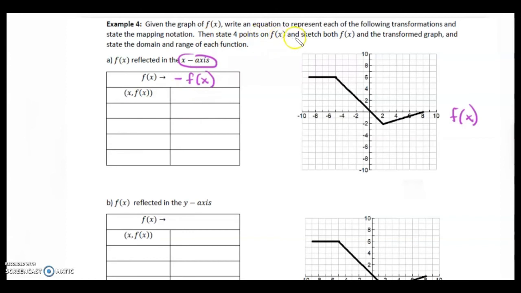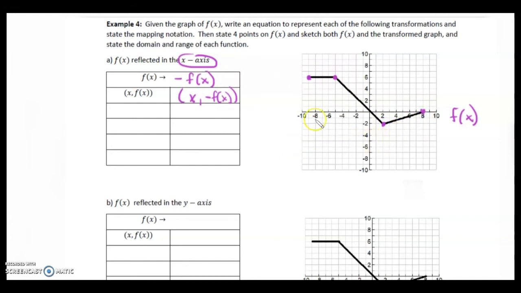Then we're going to state 4 points on the graph and transform them. In the mapping notation, we are going to flip every single y value, so we can write it as negative f(x) or negative y. I should be writing it as f(x) since we're using function notation.